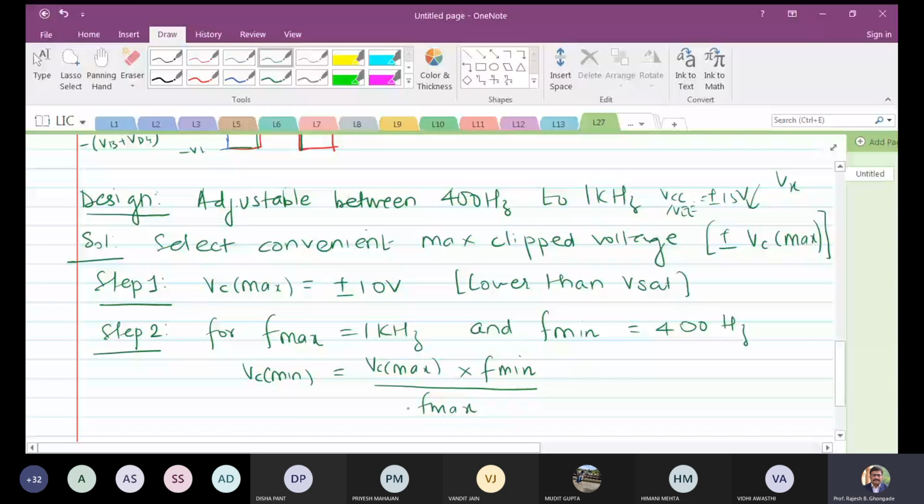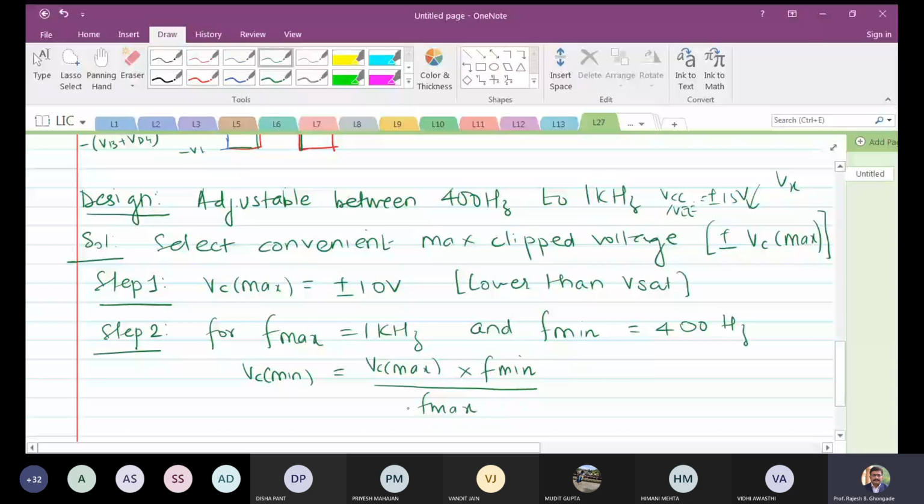It's only going to be a difference of polarity. It will be 10 volts into 400 hertz divided by 1 kilohertz, which gives 4 volts.